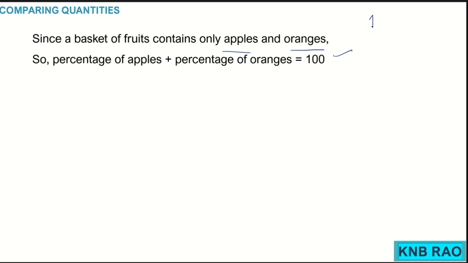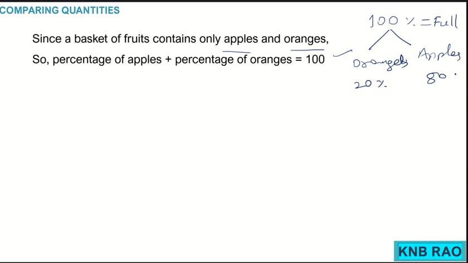So 100 percentage is nothing but the full basket. In that 100%, I have oranges. So, oranges being 20%, the leftover apples should be 100 minus 20, that is 80%.